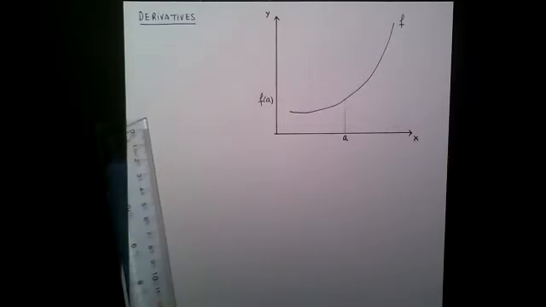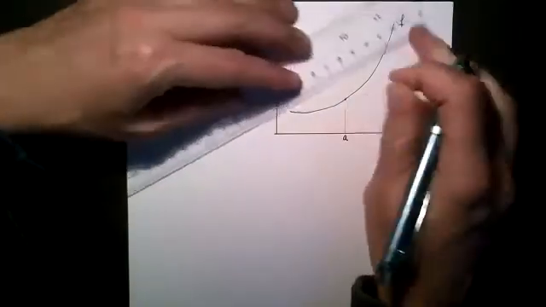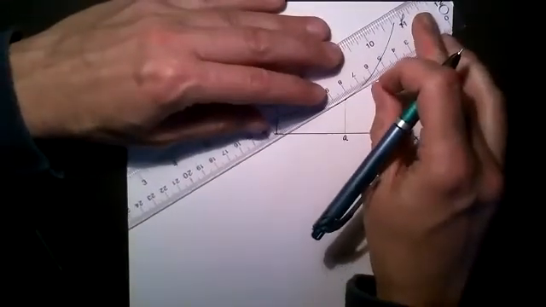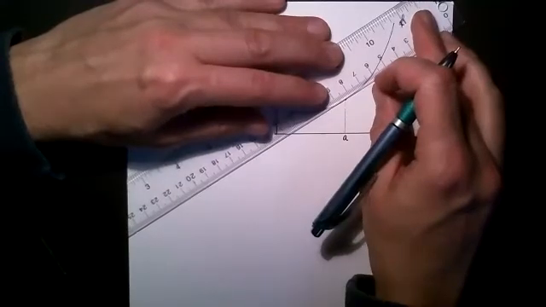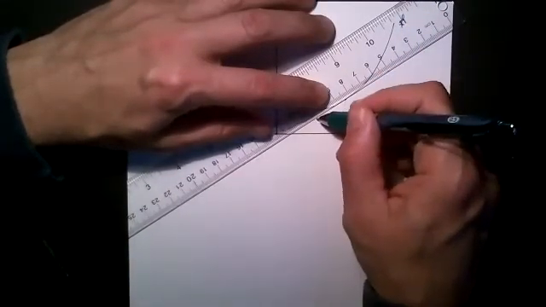And what I want to do is I'm going to draw at that point, at point A, f of A, a tangent line. Okay, you know what a tangent is? A tangent just touches the curve at one point.